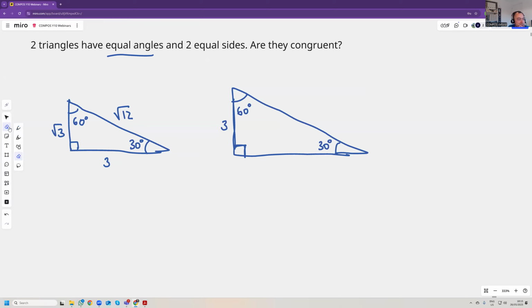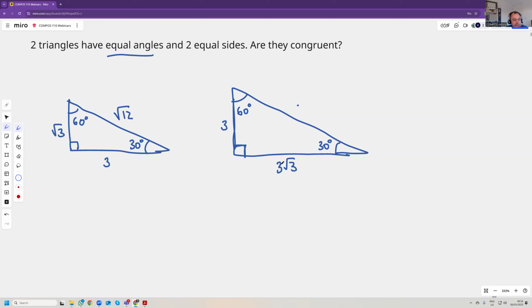And if you take this side, this is 3, this would be root 3. This would be 3 root 3.